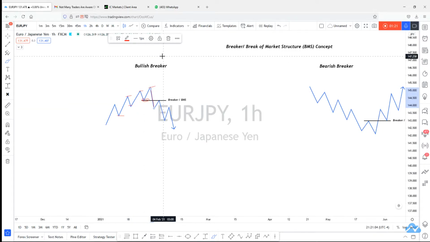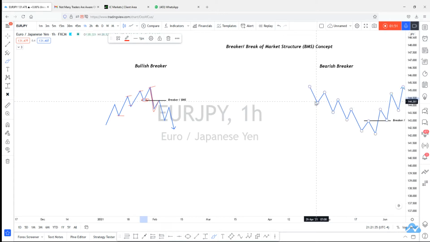In this kind of move, what you anticipate is that after breaking a previous low, the market should retrace back to that broken low. That point is what we call the breaker. The point whereby the market invalidates or takes out the previous low is what we call the bearish breaker, or BMS.